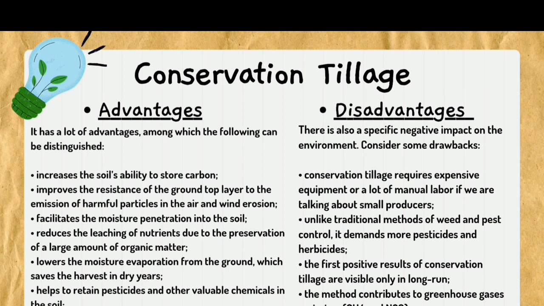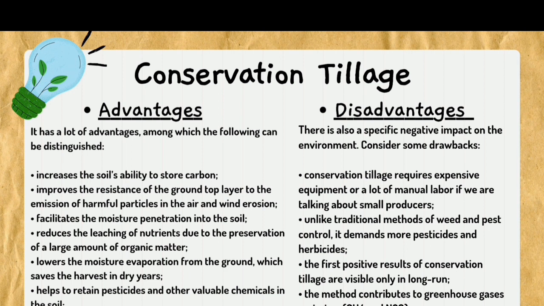It also facilitates the moisture penetration into the soil, reduces the leaching of nutrients due to the preservation of a large amount of organic matter, and lowers the moisture evaporation from the ground, which saves the harvest in dry years. It also helps to retain pesticides and other valuable chemicals in the soil, and requires less land cultivation.